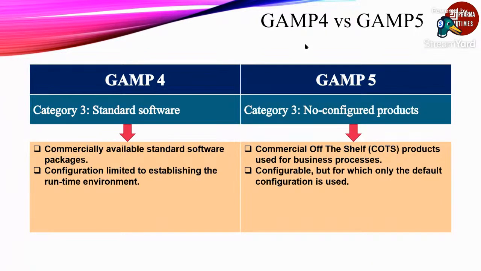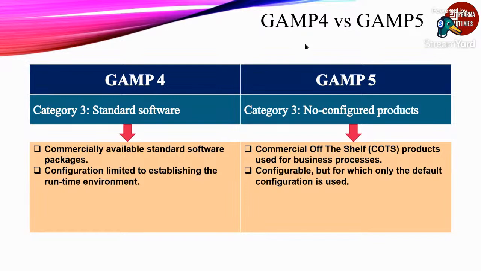Then category 3 is called standard software in GAMP 4 and non-configured products in GAMP 5. These software are ready to use, meaning commercial off-the-shelf products.